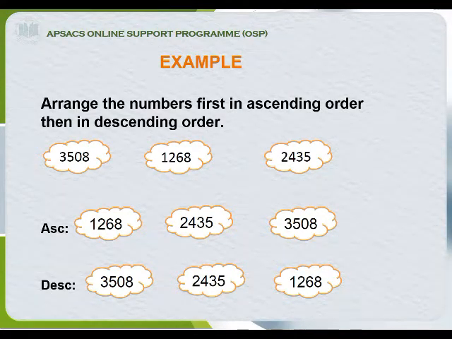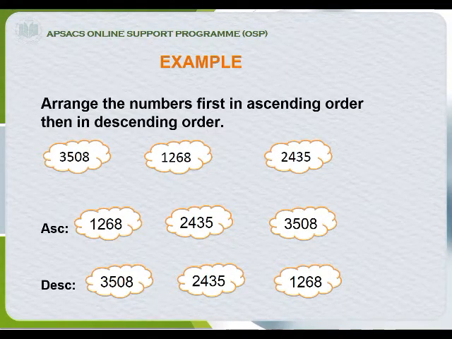So among all the three numbers, the thousand place digits are different. In the first number, the thousand place digit is 3, while in the second number, the thousand place digit is 1. And in the third number, the thousand place digit is 2. So we know that 1 is smaller than 2.